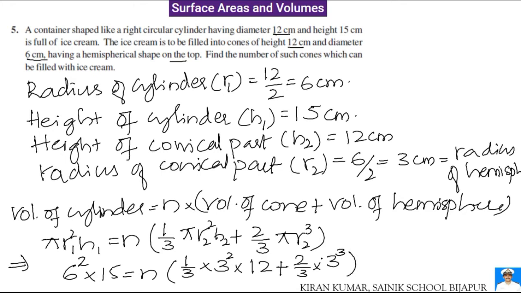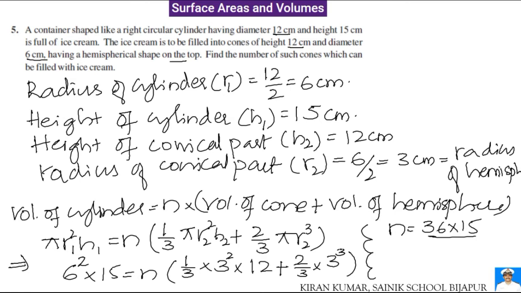So one of the 3 gets cancelled here, also one of the 3 gets cancelled, and we get n as 36 into 15 divided by, what is the simplification of this? Here only one 3 is left, 3 multiplied by 12 is 36.